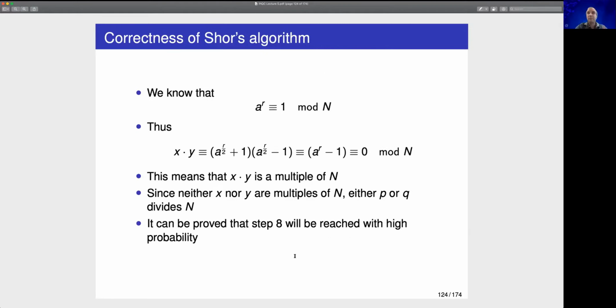But this is something that cannot happen, because we know that a to the power r is congruent with 1 mod n, but a to the power r is the same as x times y mod n, because we have chosen x and y to be these two expressions here. And we know that this is 0, so it is not possible that both x and y are relatively prime to n.